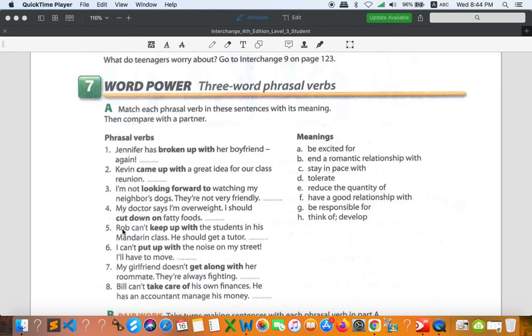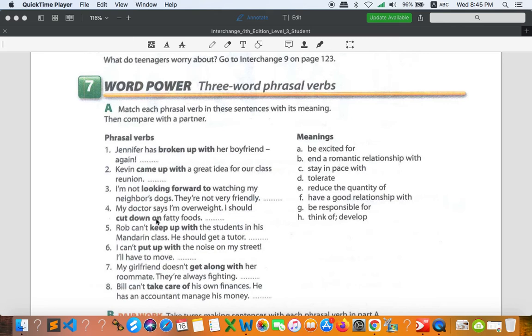But if you say Rob cannot keep up with, all right, it sounds like he cannot hold their feeling, with the negative. But if you talk about keep up alone, it's just like to stay in a relationship. It means that you can be with a certain person without having any problems.